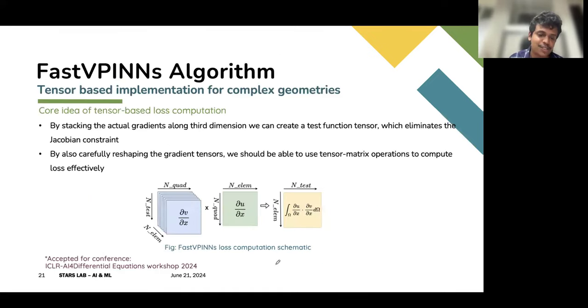So what we understood is that when we try to stack all these test functions for all the elements, if you see in this direction, and rearrange your gradients in a certain way and perform transposes, we should be able to use some form of a tensor matrix operation to compute the loss in a single go, even for a complex geometry, which will have a different test function matrix for each element in the set.